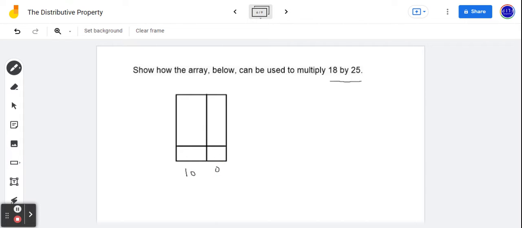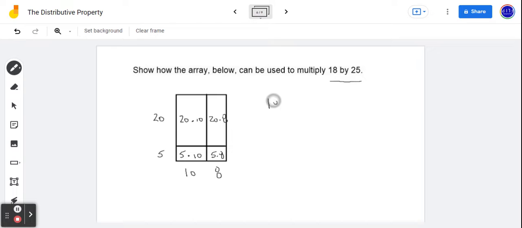You can make it really whatever you want. You can split that into any 2 numbers you like, as long as you get 18. And I think conveniently we'll use 20 and 5. So here you've got 5 by 10, 5 times 8, and up here you've got 20 times 10, and then 20 multiplied by 8.